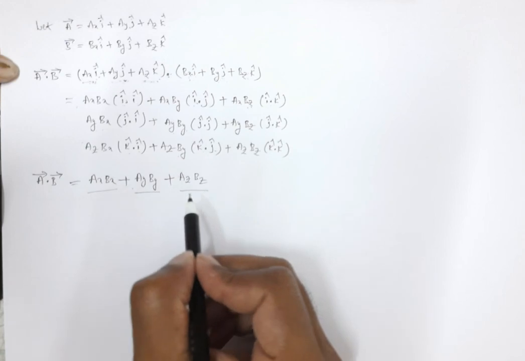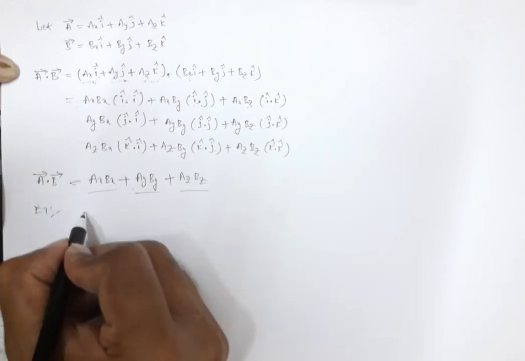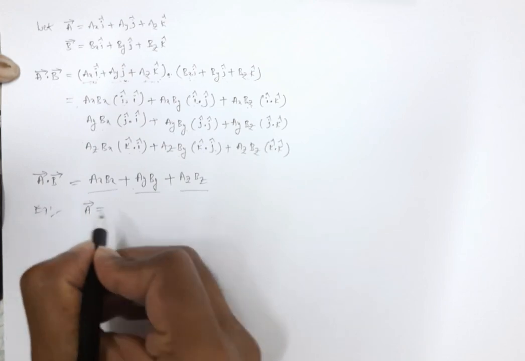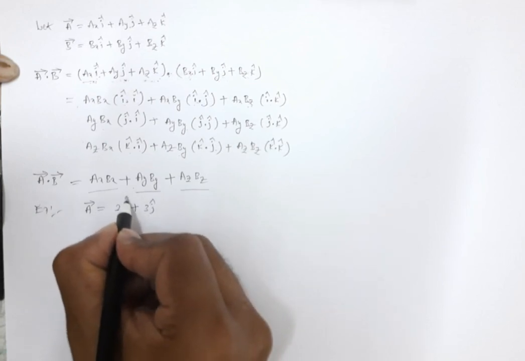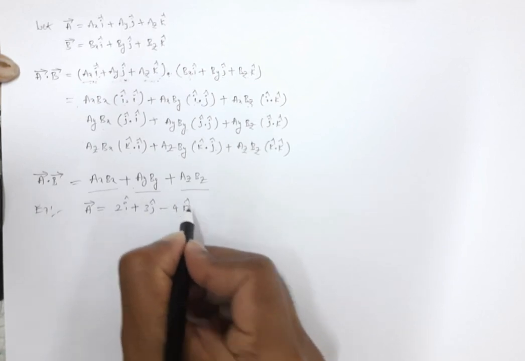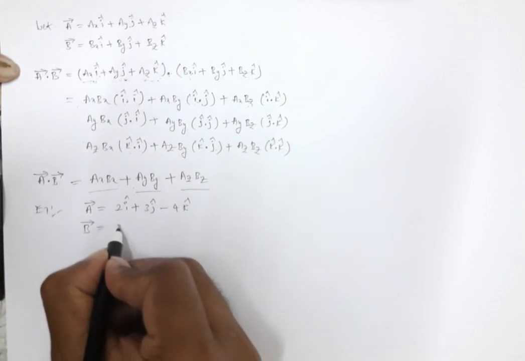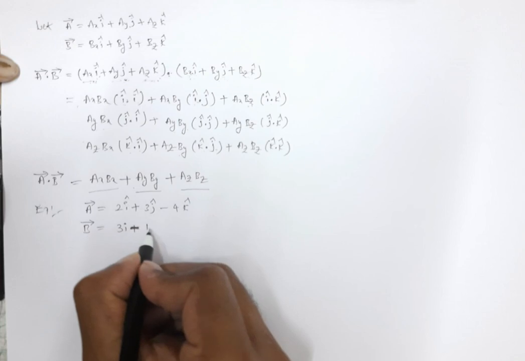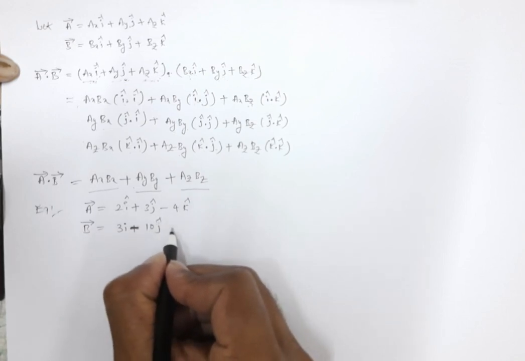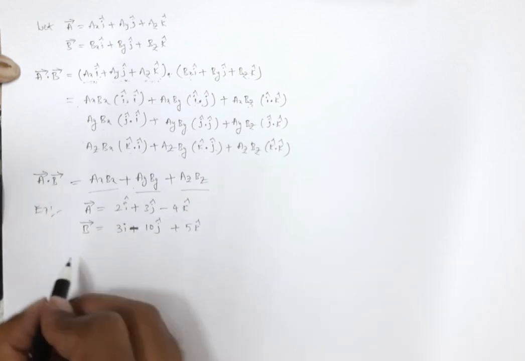That means, whenever components are given directly, you can multiply the x components, plus the y components, plus the z components. Now let us take one example of how to take the dot product. I have a vector a bar, that is 2i plus 3j minus 4k, and another vector, 3i minus 10j plus 5k cap.